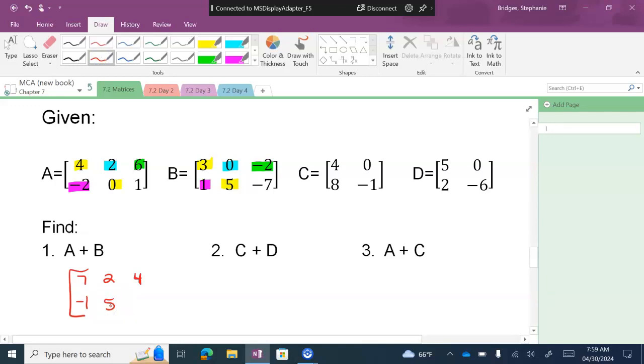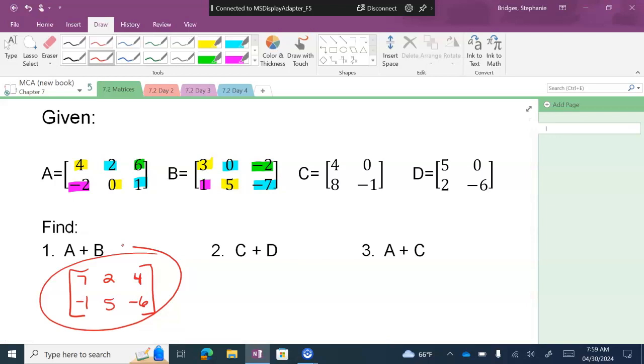And then I'm going to add 1 and -7, and that gives me -6. And that's my answer. I'm literally adding the numbers that are in the same position. Again, if they're not the same size, we cannot add, we cannot subtract. Go ahead and try number 2. C plus D.